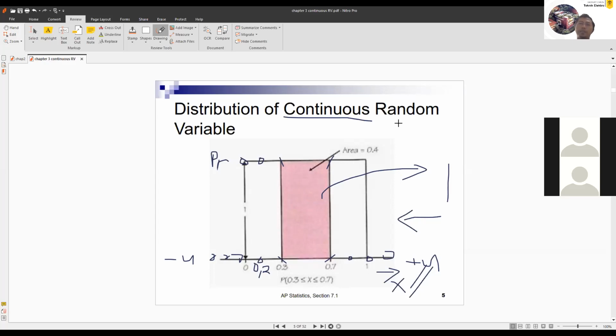We can simply compute that: 1 divided by 0.4 equals 10 over 4. This is here, to fulfill this size being 1. Okay. Any questions?